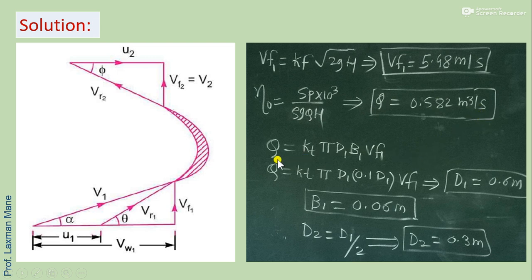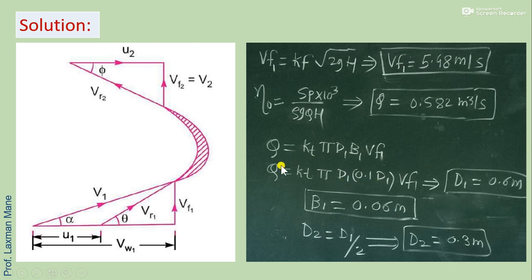Now as discharge we already have written Kt times pi D1 B1 Vf1, and the relation between B1 and D1 is 0.1 D1, so we can write Q is equal to Kt pi D1 into 0.1 D1 Vf1. Now in this equation Kt is given, Vf1 is calculated, so only what unknown remains?